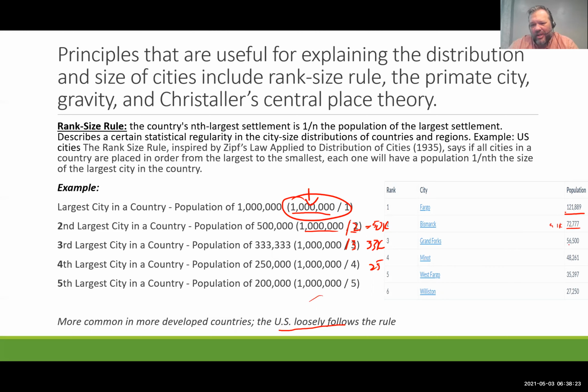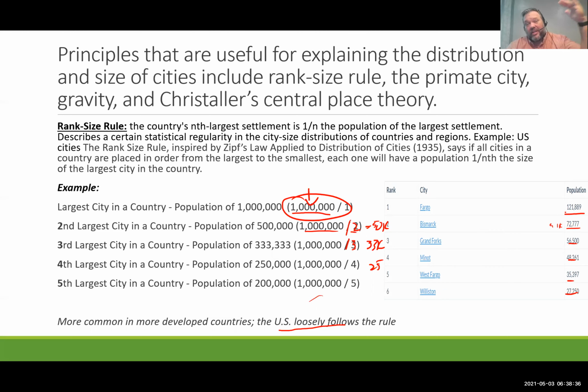This is a little bit over, but this kind of follows the same pattern. And so again, this is what they mean by the rank size rule. Big city, then cut that population in half, you'll get the next biggest city. Cut that big city population by a third, you'll get the third biggest city. And so that's one way that population sizes play out.